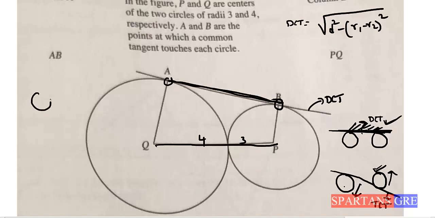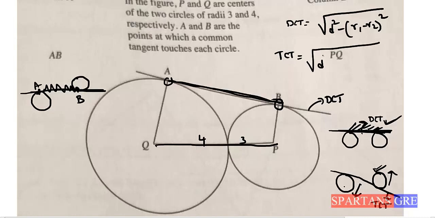If I take two circles like this and draw one transverse common tangent, what is the length of this transverse common tangent? It will be the root of d square minus (r1 plus r2) whole square. You memorize these two formulas.